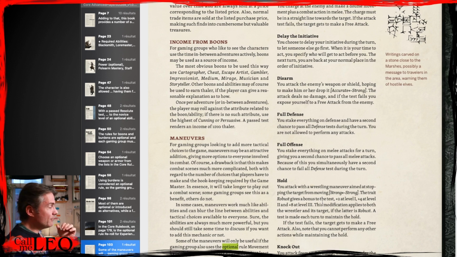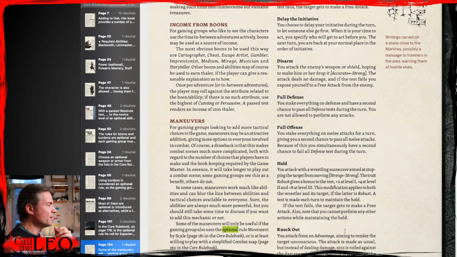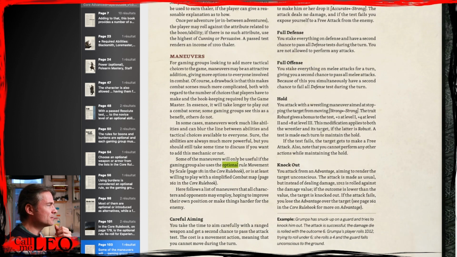You can seriously threaten, I would say, pretty much any PC with these. You really just have to be creative as a GM, and don't hesitate to use them. But the most dangerous ones are really the hold and knockout. Knockout is harder to pull off, but hold is really dangerous against heavily armored PCs.